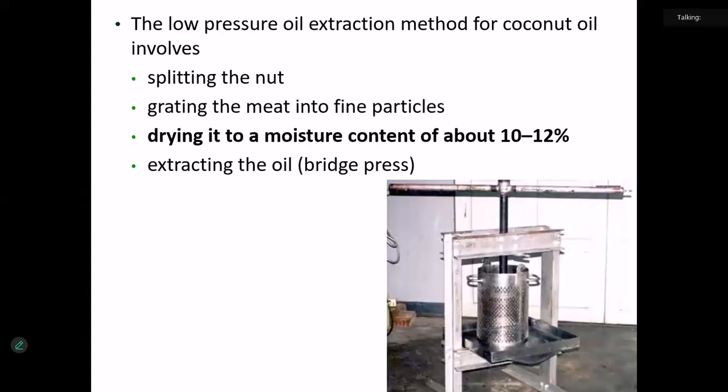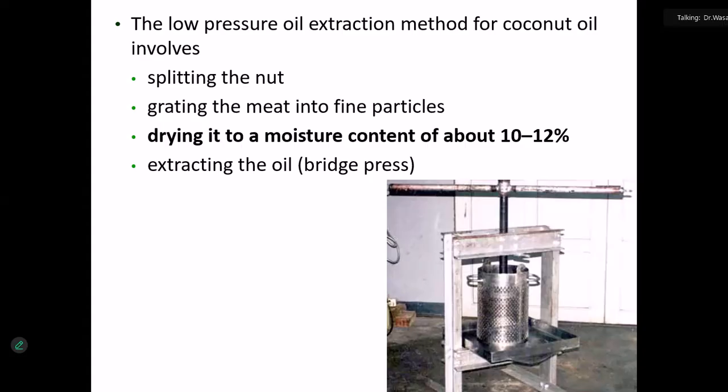Then, how to apply low pressure oil extraction? Do you know NERD? Have you ever heard of NERD? National Engineering Research and Development Center. NERD is located in Ekala, Jaela.